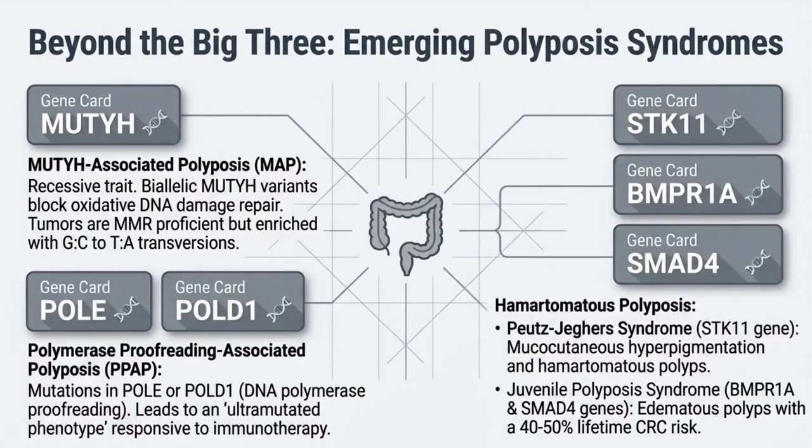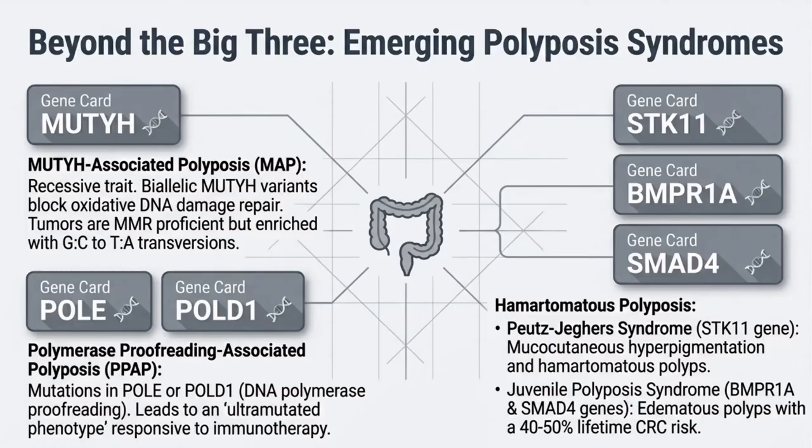You also have MUTYH-associated polyposis or MAP. This is a recessive trait. When there are biallelic variants, they block oxidative DNA damage repair, and tumors are MMR proficient but enriched with GC to TA transversions. PAP, which is polymerase proofreading-associated polyposis, very rarely seen, can be due to mutations in POLE or POLD1, which is the DNA polymerase proofreading pathway.